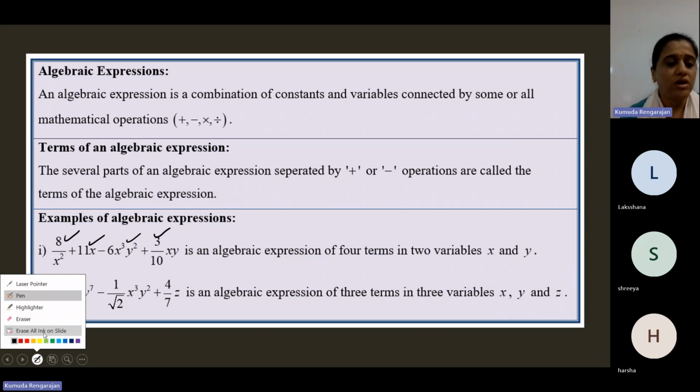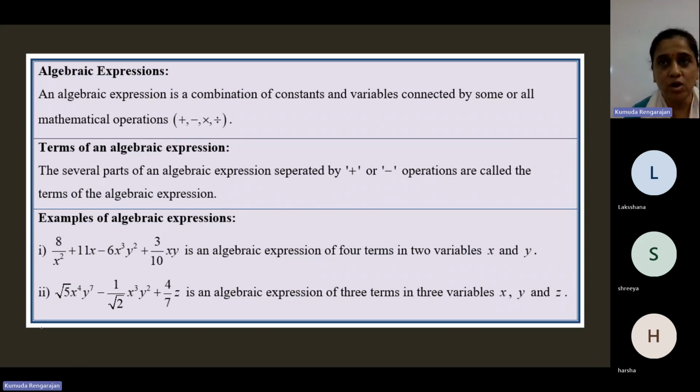Now, if you have to write out the terms of this algebraic expression, that's of 8th standard. But if you have to write out the terms, what are the terms of the algebraic expression? The first term is 8 by x squared. You must mention the term along with its sign. The sign for the term is before the term, not after it.